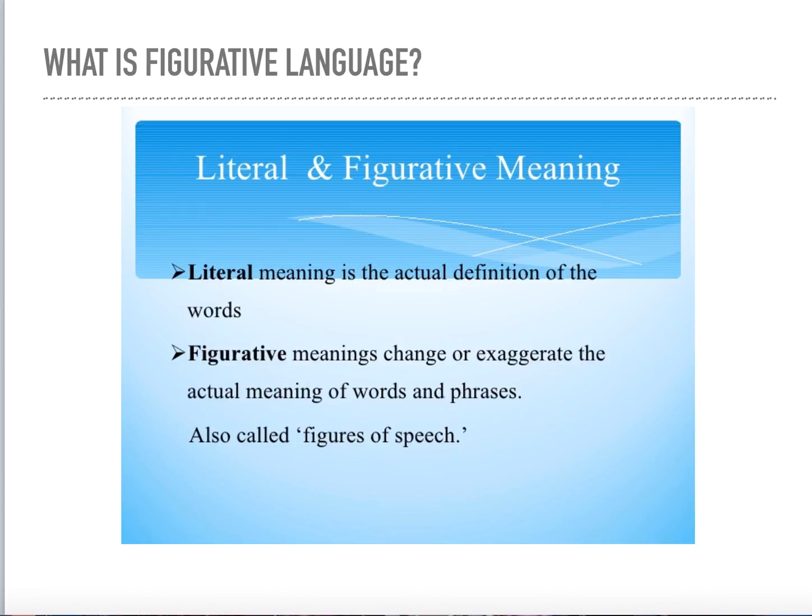Now, when we're talking about something figuratively, we're changing or exaggerating the actual meaning of the words and phrases to convey what we're trying to say. So if I'm saying that chair is as big as a mountain, then I'm trying to paint a picture for my readers by telling them that that chair is really big.